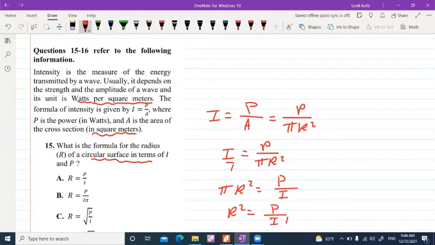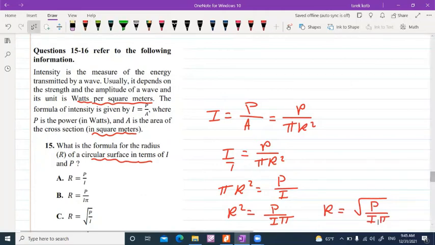And then get the square root, so the r equals the square root of P over I pi, which is the last one. Yes, it is the last one, number D.